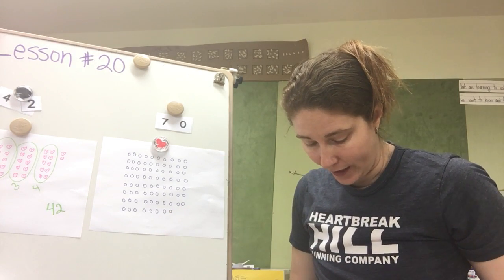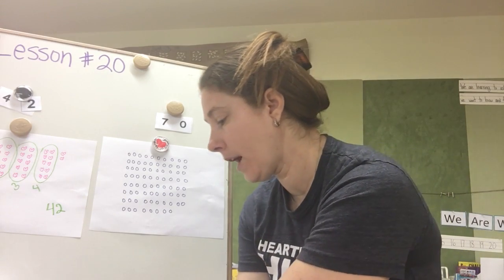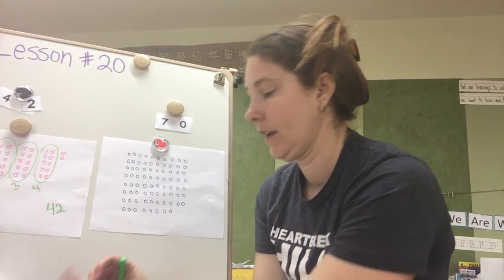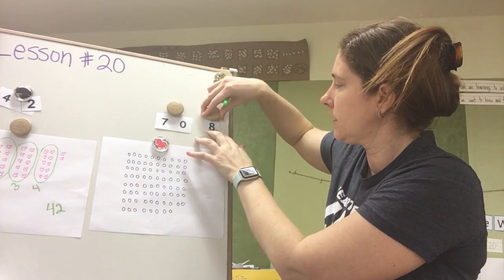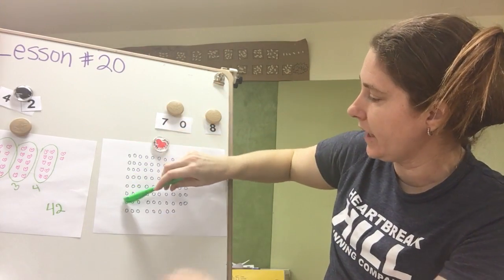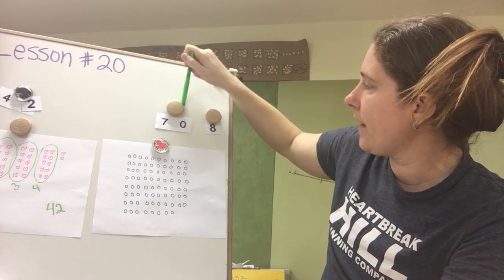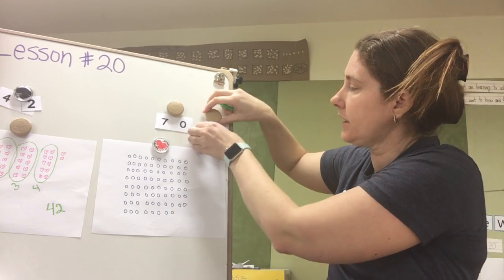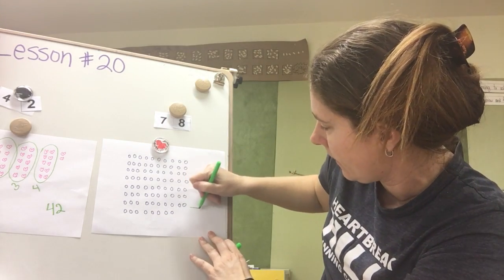So we need to find an 8 to represent the ones. Here's our 8 for our ones. So we have 70 up here and 8 ones. 7 tens and 8 ones is 78.